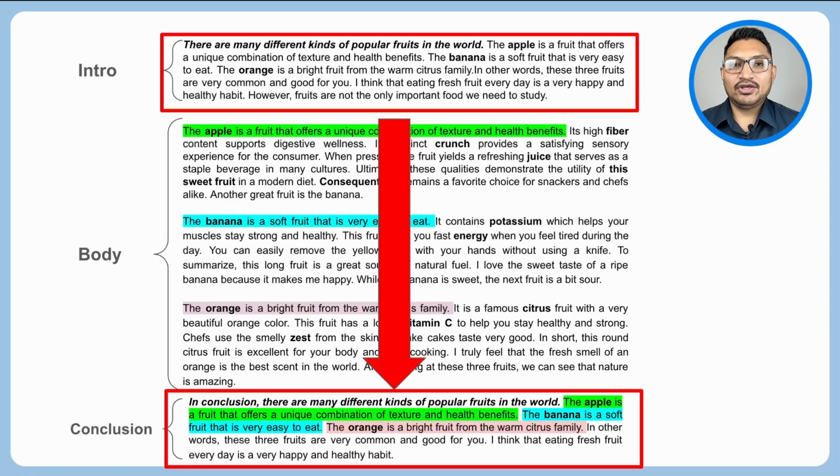But still, you have a framework to respect and to follow, so that your composition has cohesion and it has a flow, basically. And this is an introduction to academic writing.